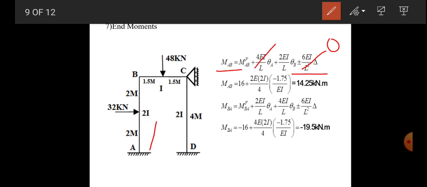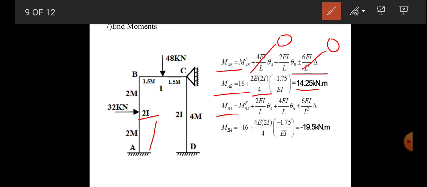Now theta A will be 0 because of the fixed end. So we know the fixed end moment MFAB is 16, plus 2E, moment of inertia is 2I, and length is 4 meter, into theta B is minus 1.75 divided by EI, so it becomes 14.25 kilonewton meter.